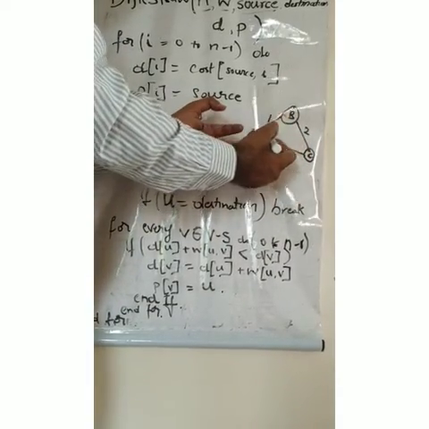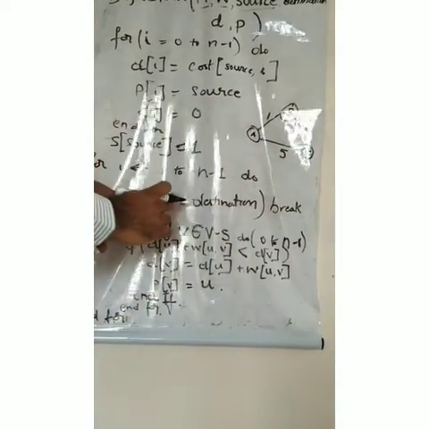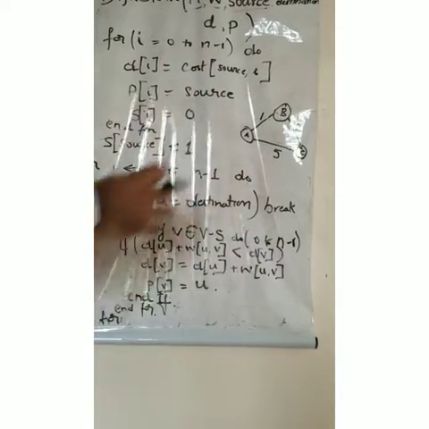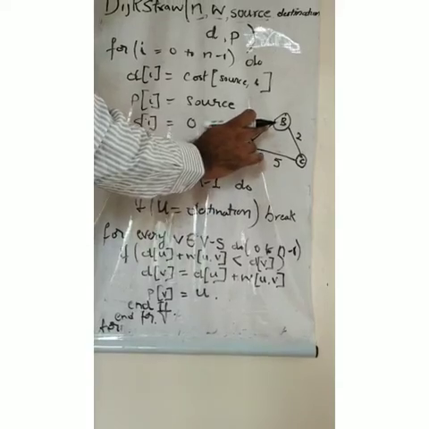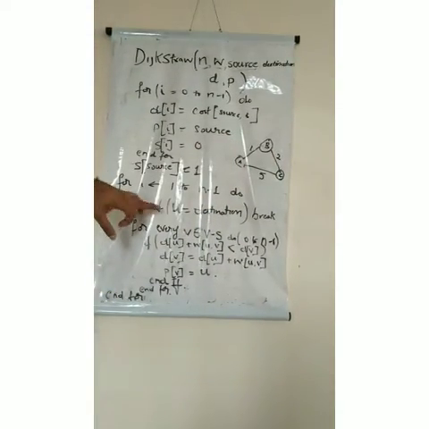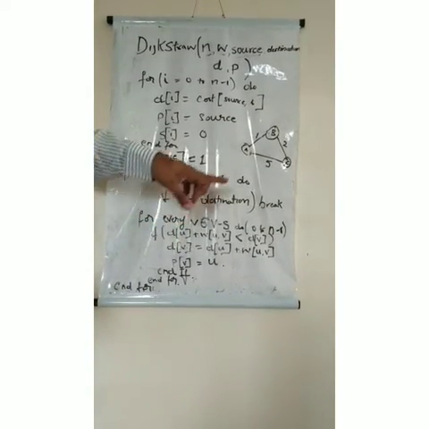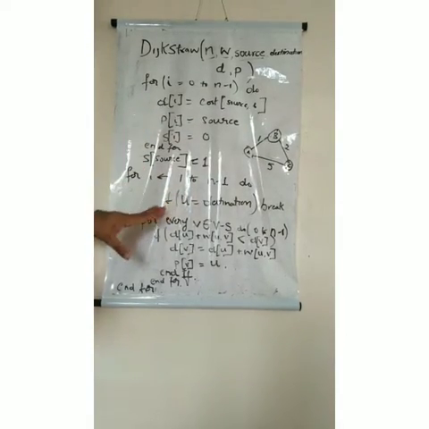A to B is 1 and A to C is 5. So you select the destination which is shortest. B has a weight of 1, so that is the shortest distance, and you are going to admit B. You do this until you get the destination. Here B is the destination, because this is the shortest, so you stop.